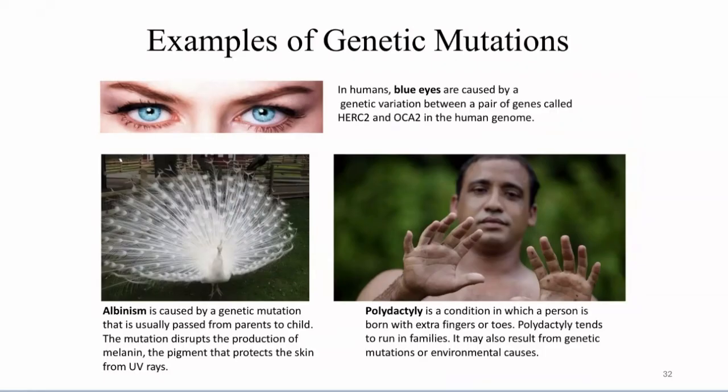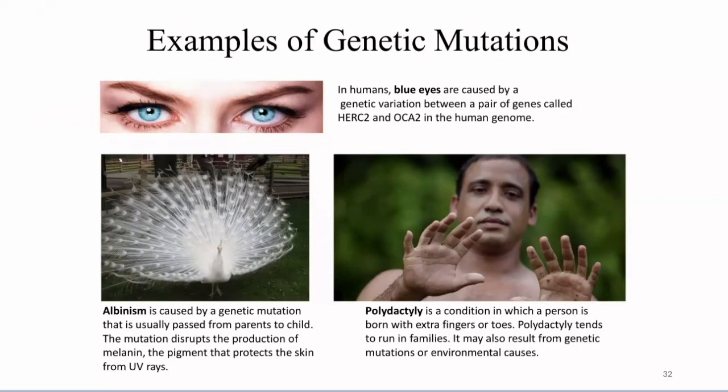One of the examples of genetic mutations is blue eyes in humans. Blue eyes are actually caused by a genetic variation between a pair of genes that are called HERC2 and OCA2. That's why blue eyes can be inherited from generation to generation.